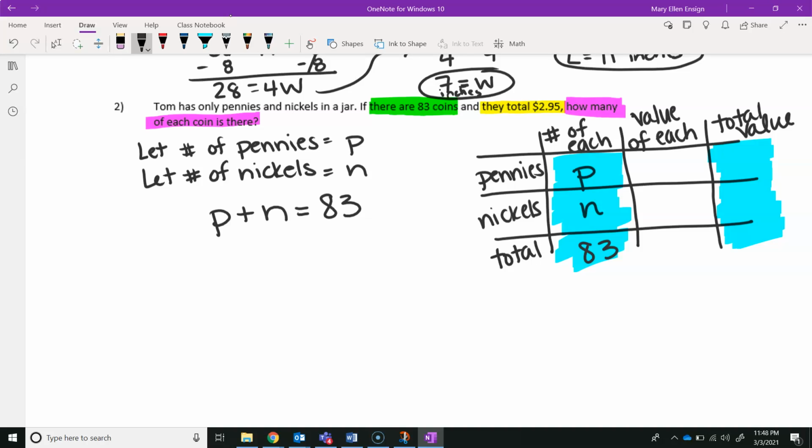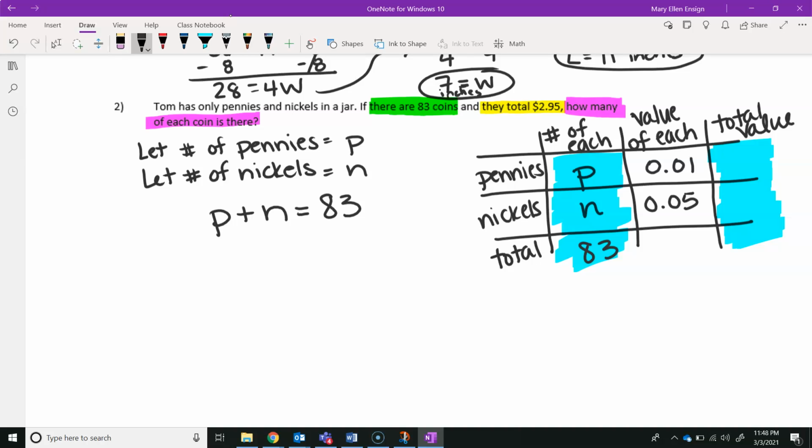Because my total here is given in dollars, like 2.95, not 295 cents, we want to do the same thing here. So I'm going to say my penny is 0.01, right? 1 cent, or technically what that's saying is it's 1/100th of a dollar. But that's my value of my penny. And similarly, my value of my nickel is 5 cents.